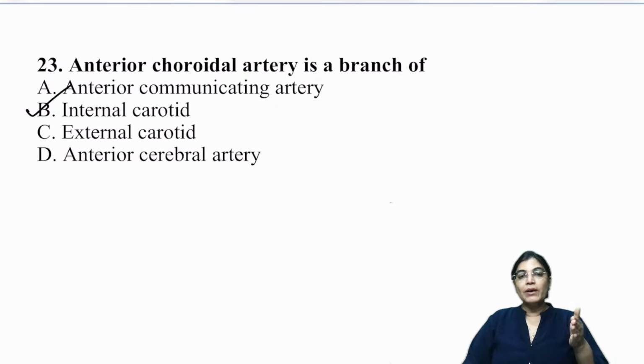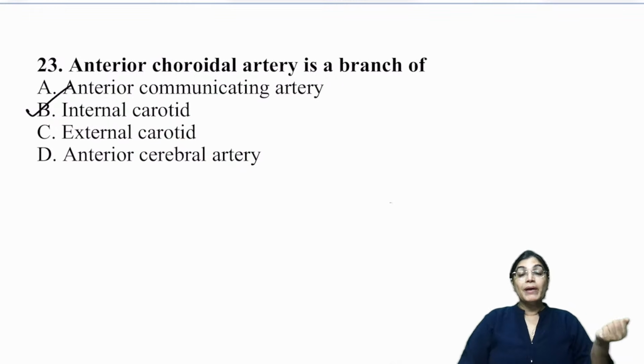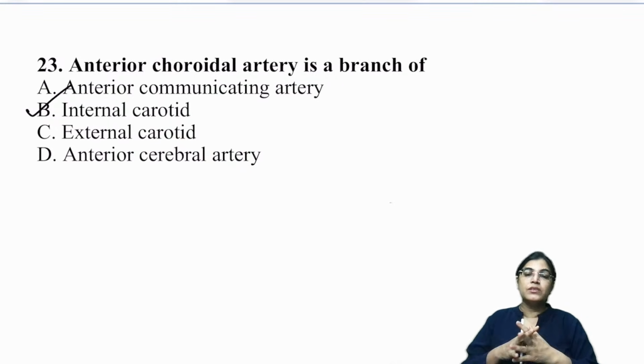Basically, the internal carotid artery gives no branches in the cervical region. It gives branches in the cerebral region, like superior hypophyseal, inferior hypophyseal, and meningeal branches, and it gives 5 branches in the cerebral part.